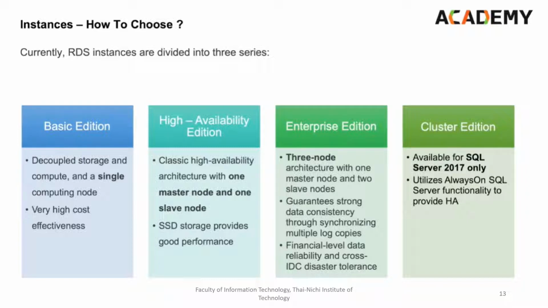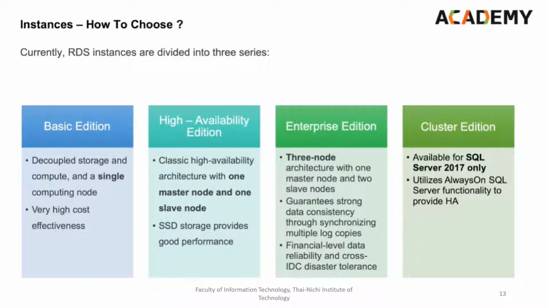This will guarantee strong data consistency through synchronizing multiple log copies. That is, if a database transaction happens, the log of that particular transaction will be stored in multiple nodes. That increases the availability of the data, and financial level data reliability and cross IDC disaster tolerance are available for the enterprise edition.